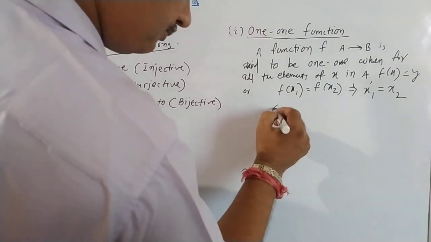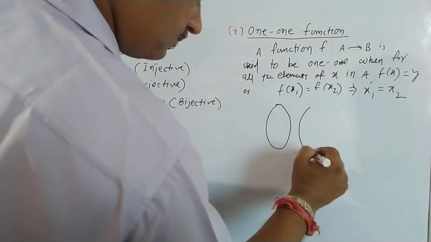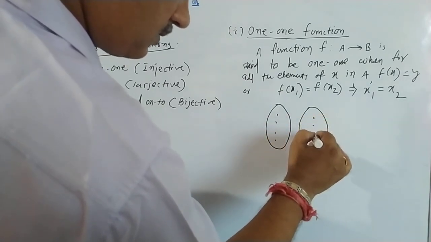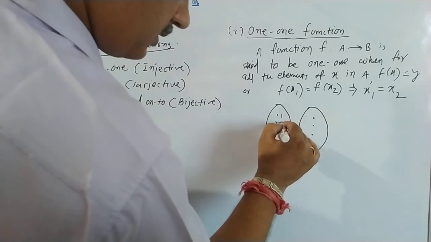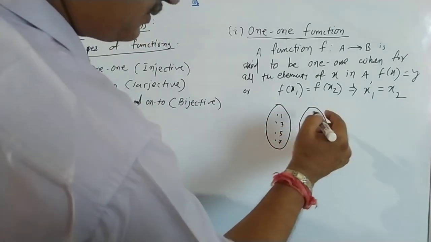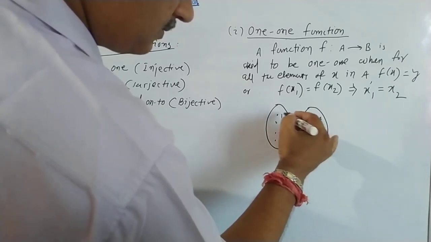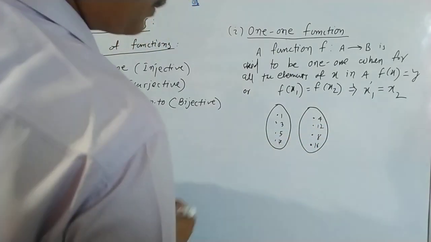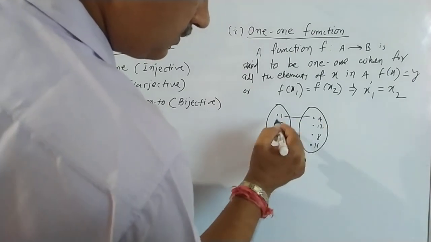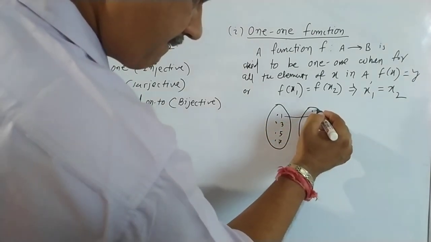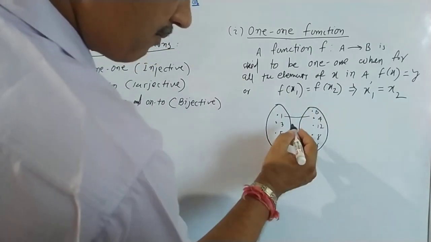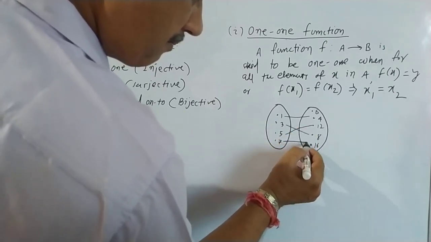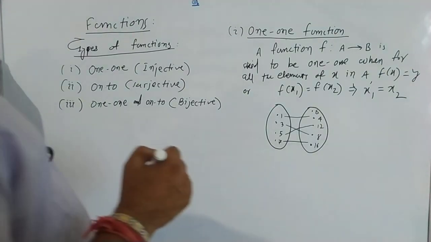For example, 1, 3, 5, 7. Here I have drawn the map of a function.